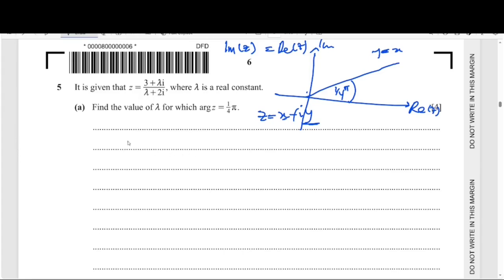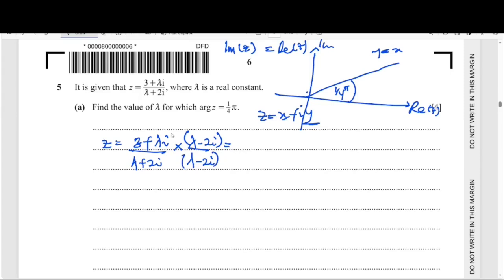Then we write it in a simpler way. So you have z is equal to 3 plus lambda i over lambda plus 2i multiplied by the conjugate of the denominator, which is lambda minus 2i over lambda minus 2i. Then we multiply numerator by numerator, denominator by denominator.